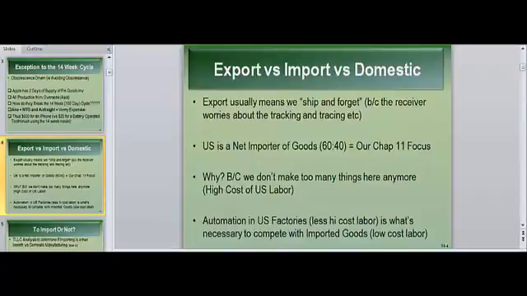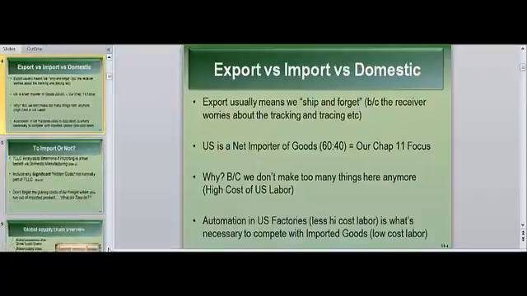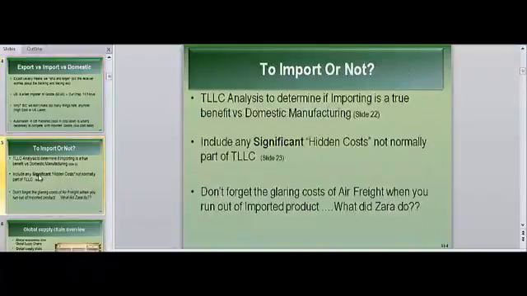The other option is to import low-cost goods from overseas. So those are the two buttons you push as you're looking at driving down costs in order to have the total least landed cost for your product.